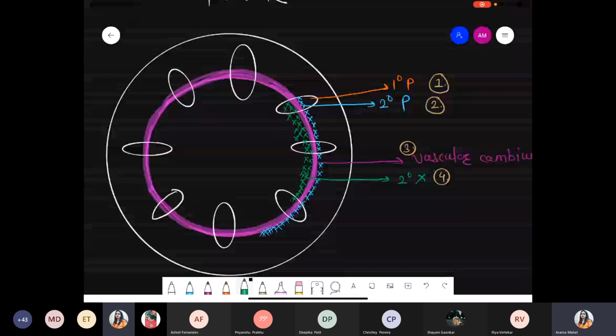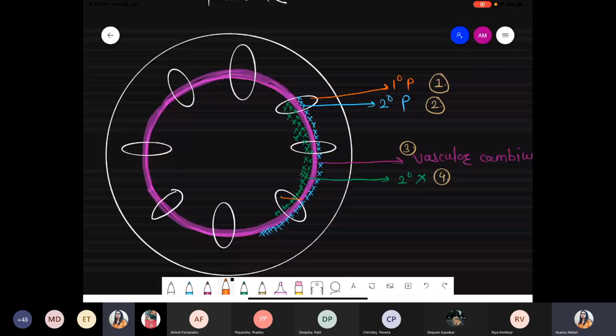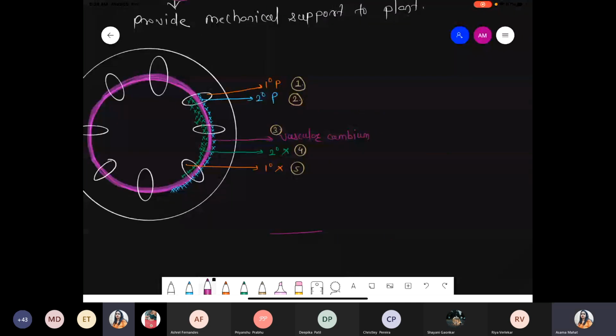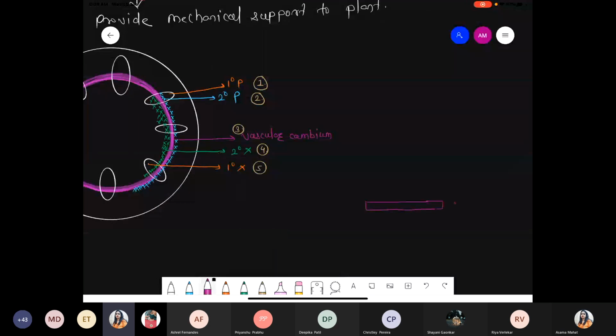And quickly, on this side is the site where the primary xylem is present, exactly at the 5th position. Just try to understand, we are taking a very small section. The vascular cambium cuts toward the outer side and forms secondary phloem.